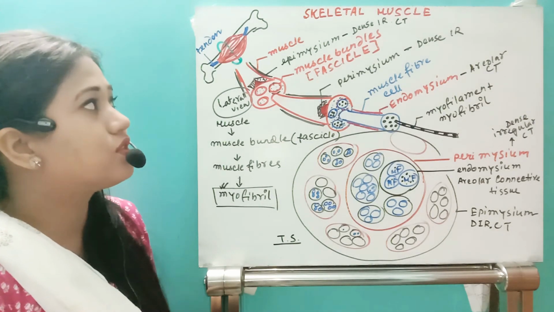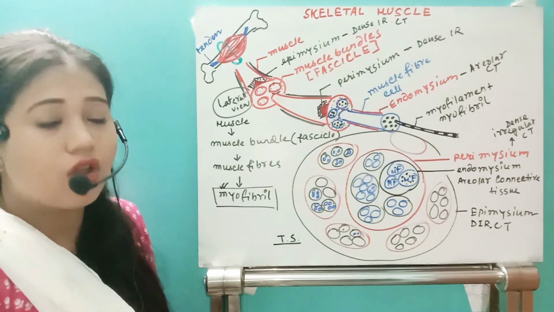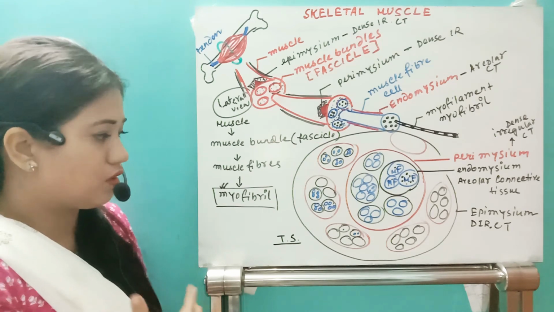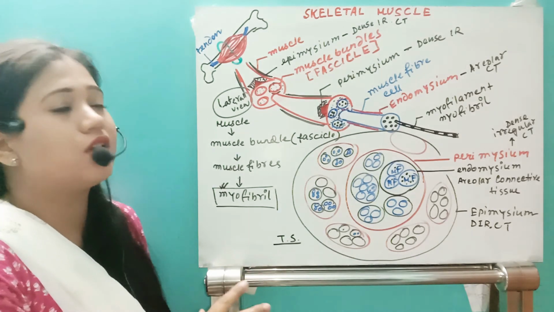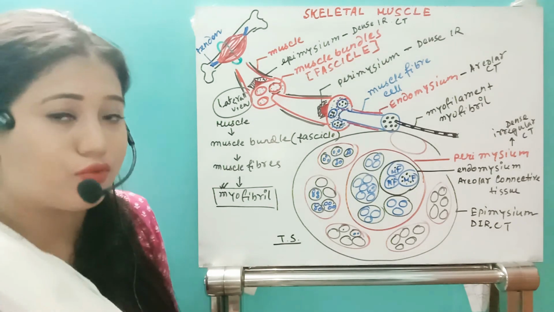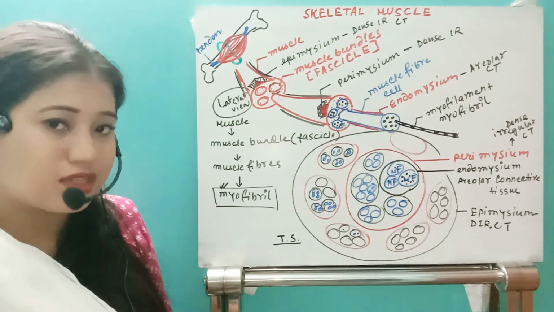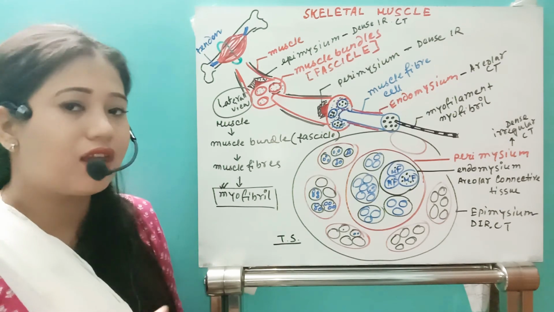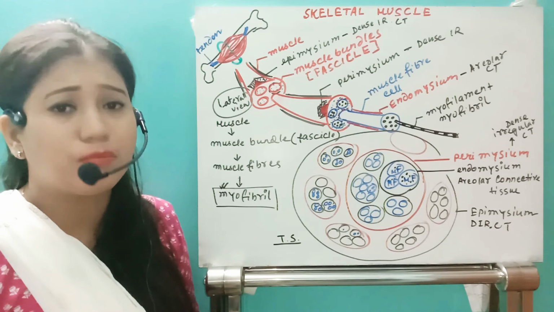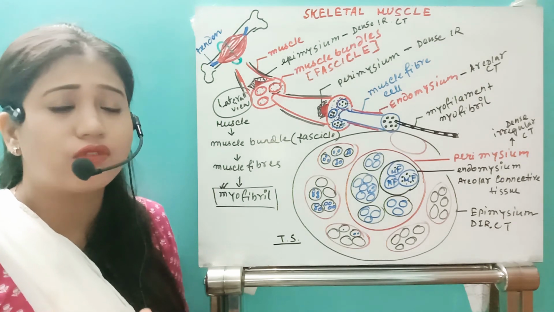So till now, this is just the structure of the skeletal muscle, so that you can understand it better. That's all about the general view from outside. Now we are going to concentrate inside a cell. Inside one muscle cell, we are going to see those proteinaceous filaments.